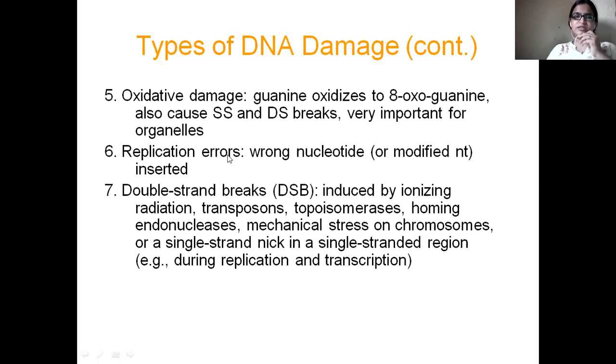So, as we have seen, UV light is inducing TT dimers. Here, ionizing radiation is inducing double stranded breaks in a DNA. Double strand breaks means there is a break in both strands of the DNA molecule. And it is induced not only by ionizing radiation but also by transposons and topoisomerases.